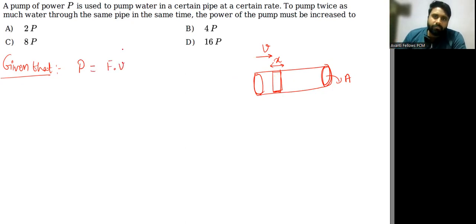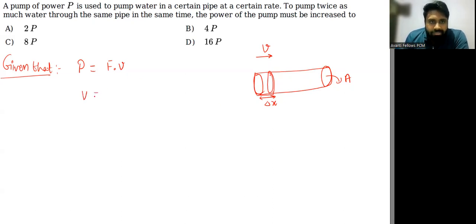Now, if the water inside it moves a distance delta x, let's say this water has been displaced by a distance delta x, we can calculate the volume of it. The volume will be delta x, which is the length of this small cylinder, multiplied by the area.